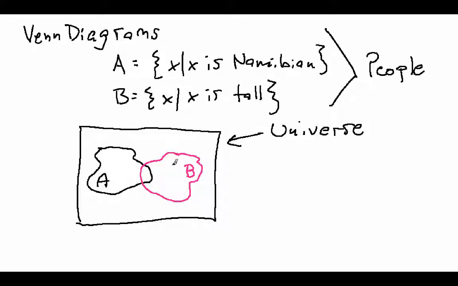Now, notice what we have over here. Here's a very interesting area. Notice that if X is in that crossed area there, then that means that X is Namibian, and X is tall.